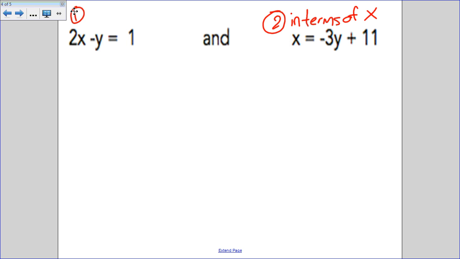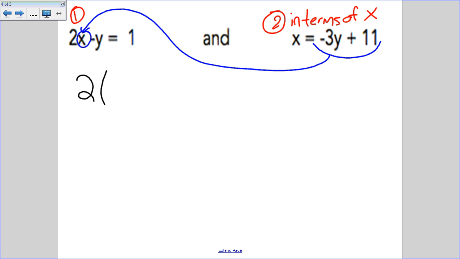I'm taking this negative 3y plus 11 and plugging it in for x. What does my new equation look like? I'm going to have 2 times the quantity negative 3y plus 11, minus y equals 1. All I changed is instead of having x, I now have what x equals from my second equation.